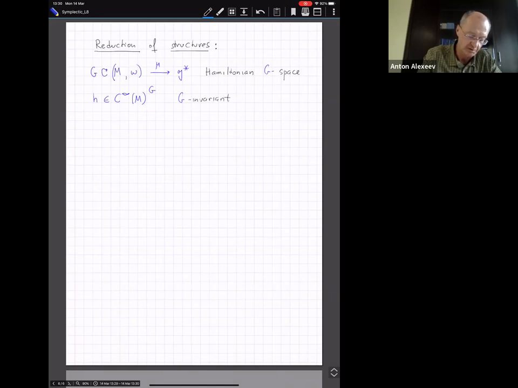The G invariant function. And we consider the Hamiltonian vector field of this function on M. So it's uniquely defined by this condition. So this is a Hamiltonian vector field.